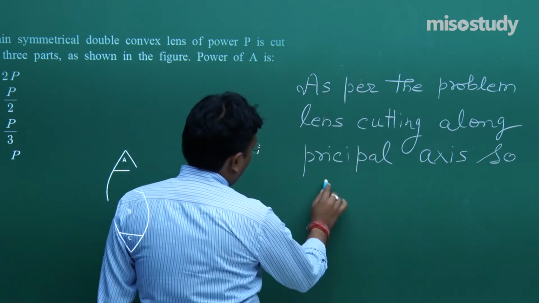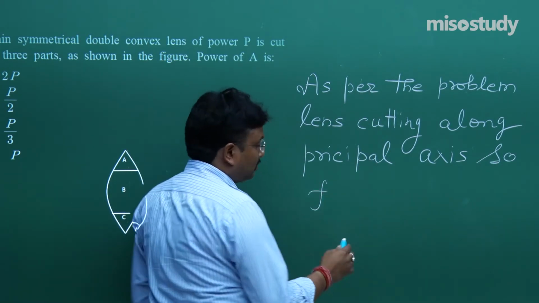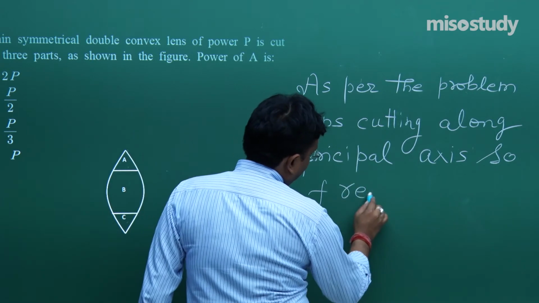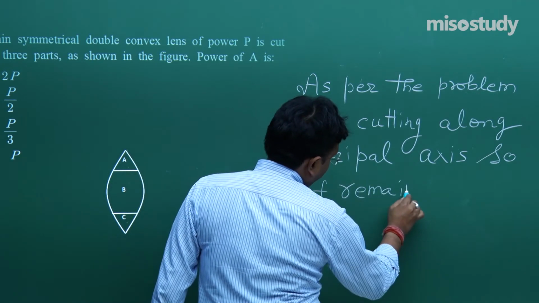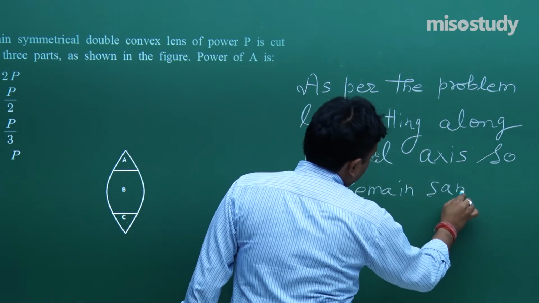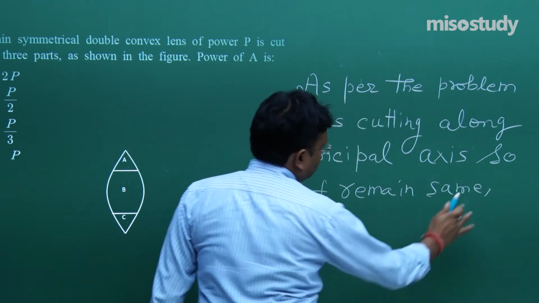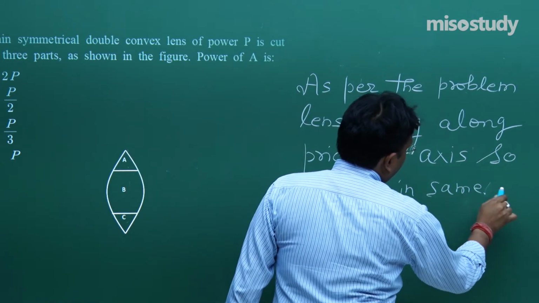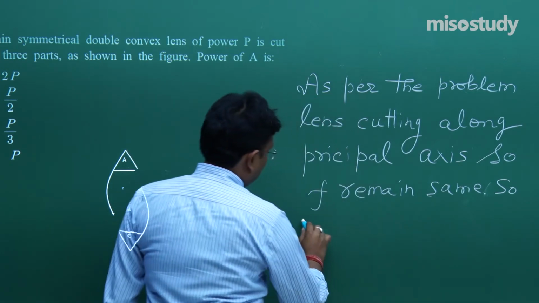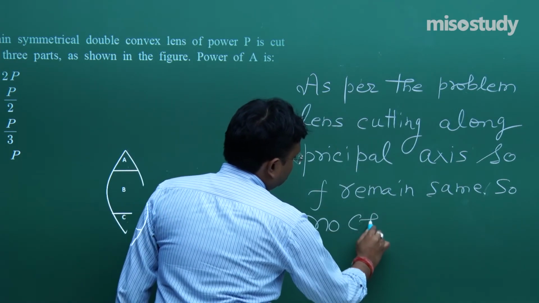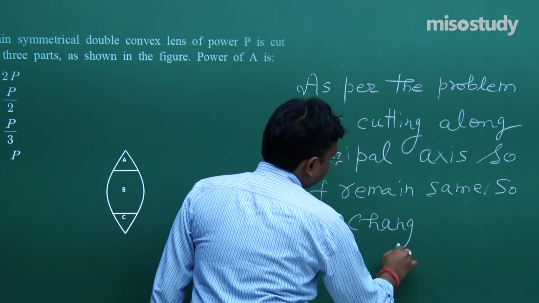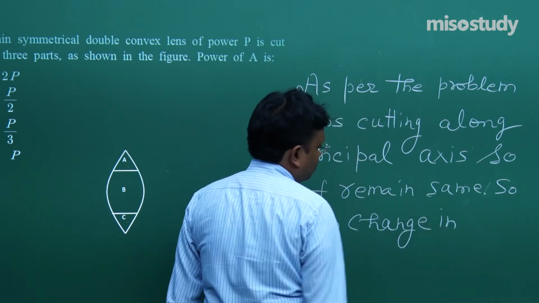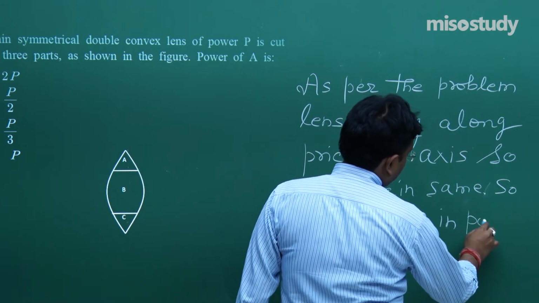So f, that is the focal length, remains the same. So no change in power.